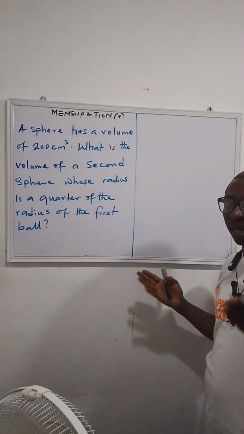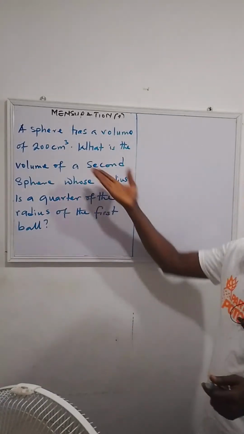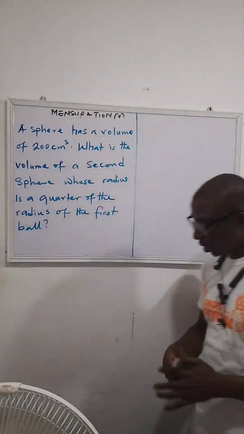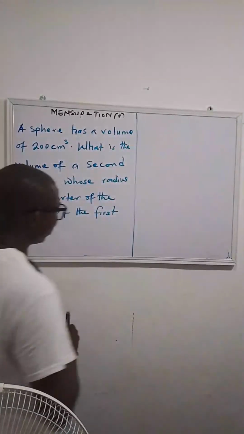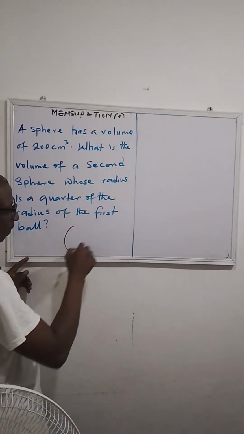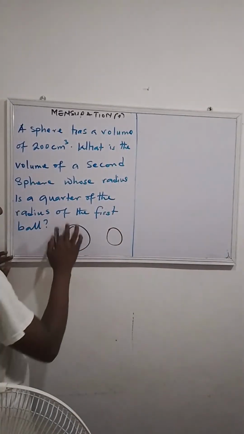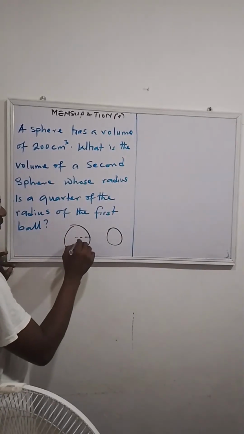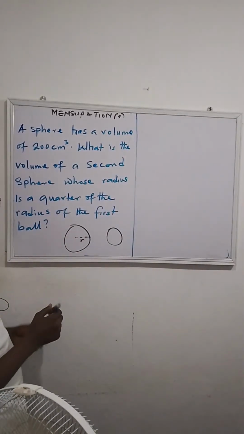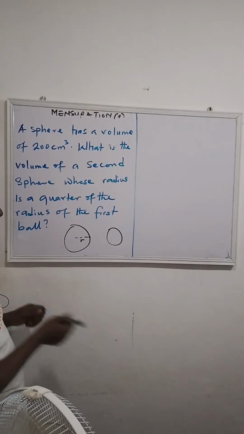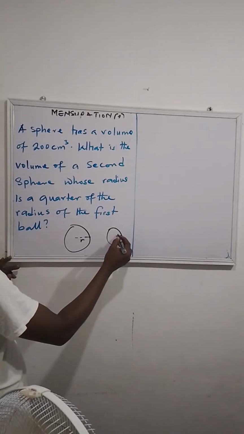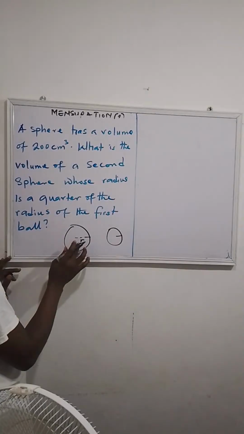The first thing I need to do is get the radius of the first sphere. Two things are being considered here. They are talking about two spheres, one big and one small. The bigger one has a radius r. The second one, which is small, has a radius that is a quarter of this.